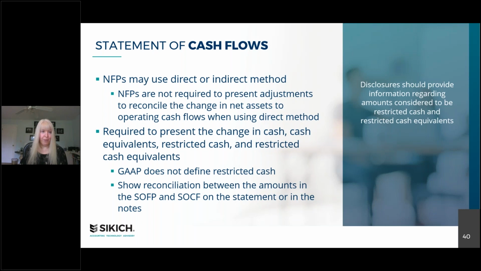And if the not-for-profit has amounts that are presented as cash and cash equivalents and restricted cash equivalents separately in the statement of financial position, there needs to be a reconciliation shown between the amounts presented in the statement of financial position and on the statement of cash flows, either at the bottom of the statement or in the notes to the financial statements.